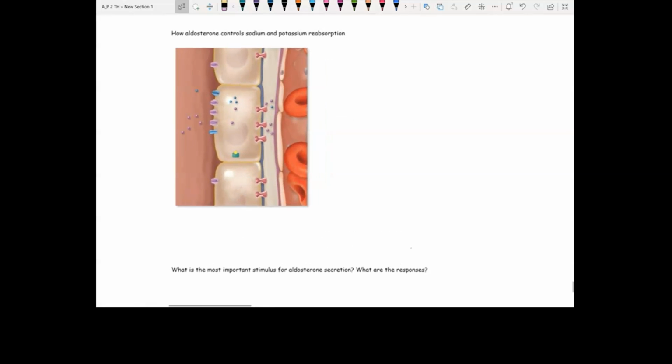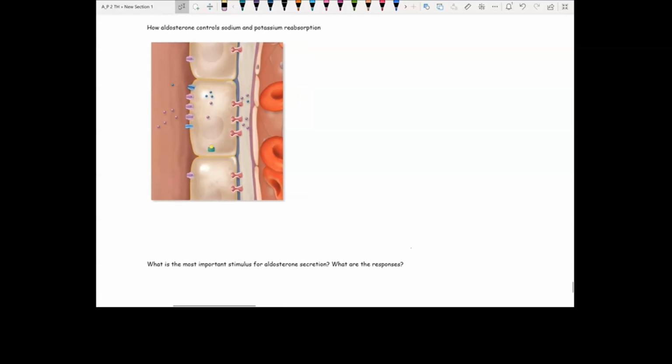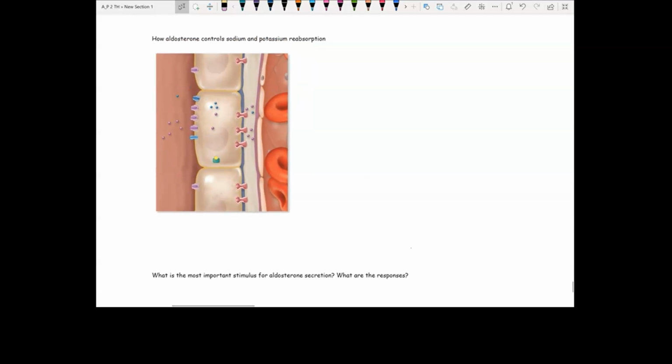Now let's look at our next thing we're going to reabsorb, and that is sodium and potassium. So if we start off with labeling, here is the tubular fluid. Here is the blood.